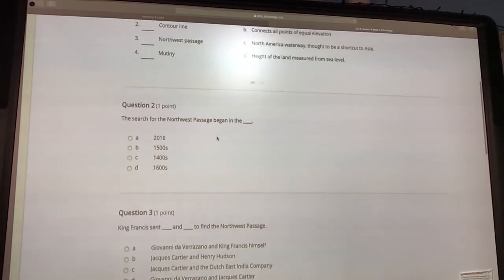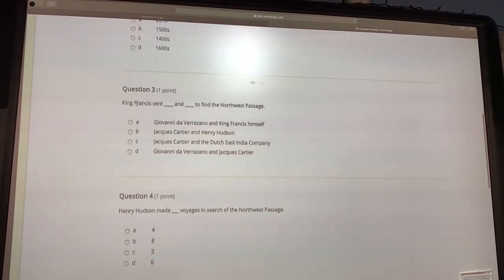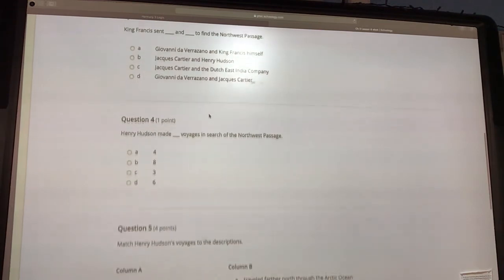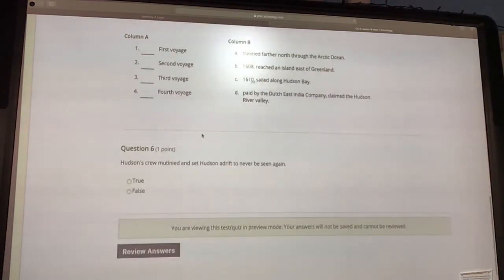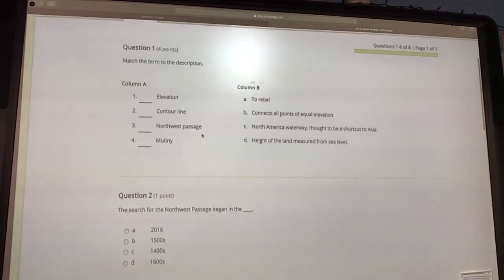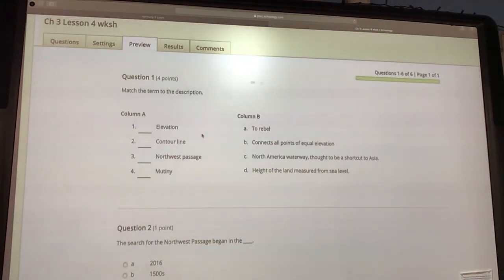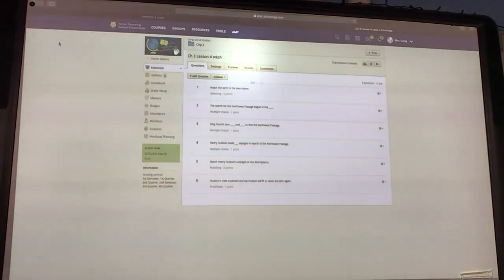Okay, we need to find when the search began. King Francis sent? We read about those people. How many voyages did Henry Hudson make? Oh, all your notes should be good with this. Okay, if it's not in your notes, where are you going to look? Back in the passage, the information, the PDF. Okay? All right, so that is your social studies assignment for today.